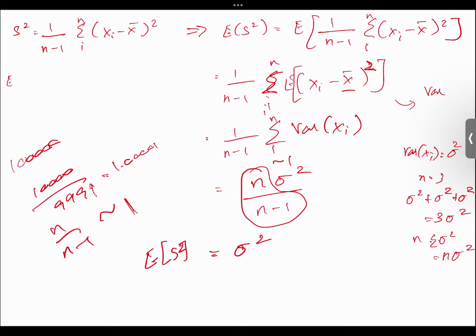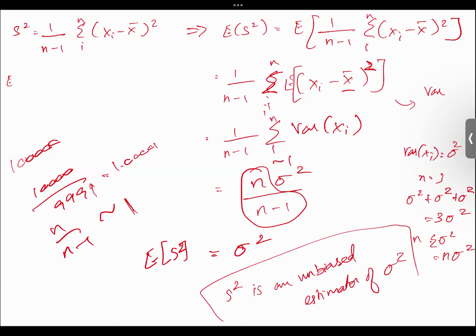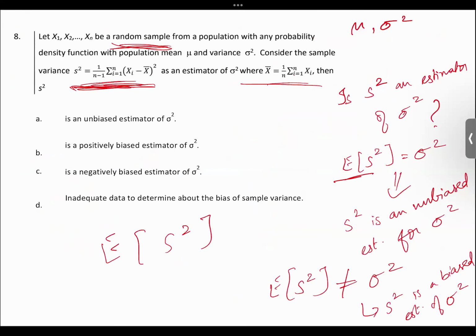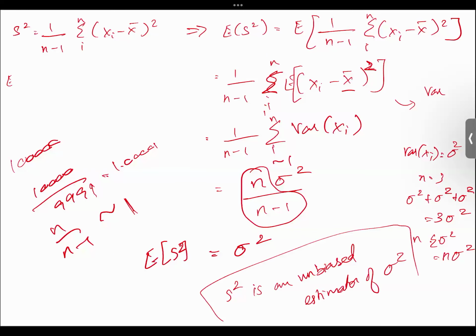So what does this mean? S square is an unbiased estimator of sigma square. So option A is the answer. It's just simple; if you go through the steps, you understand.